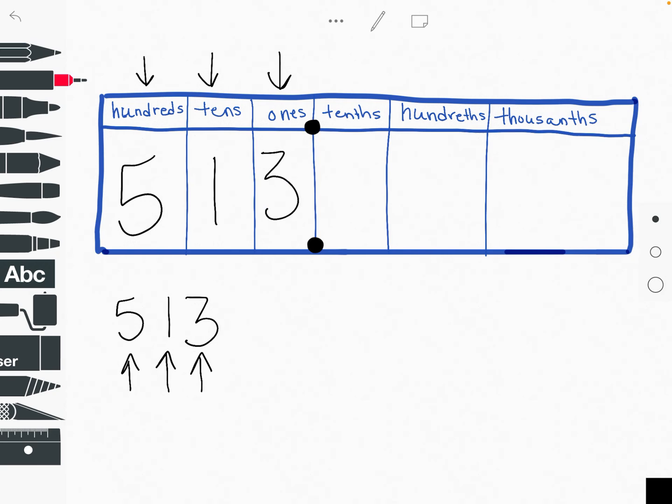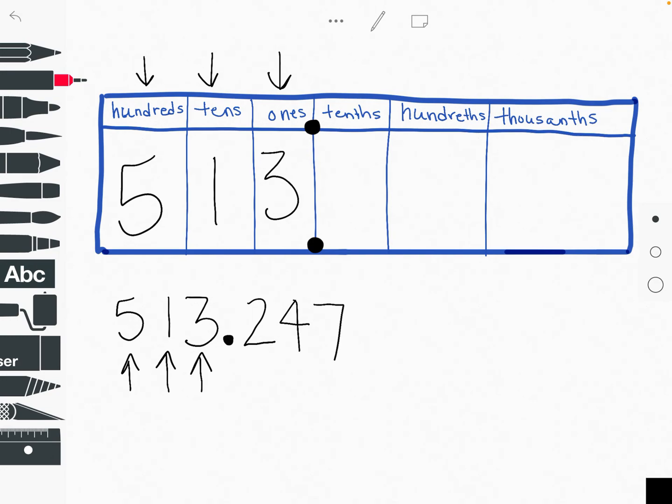Okay? So we know that already. We've learned that already. But what about over here, behind the decimal point? Well, let me put a decimal point right here behind our 513. I'm making it nice and big so you can see. Let's say I have 513, and then behind the decimal point, I have a 2, and a 4, and a 7.